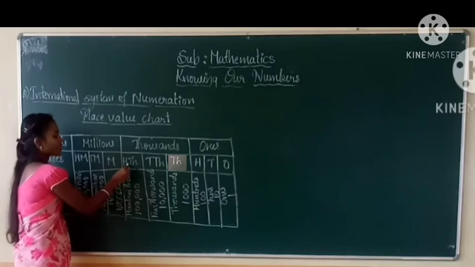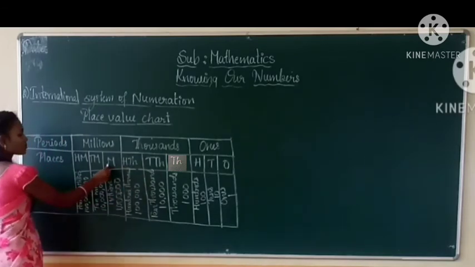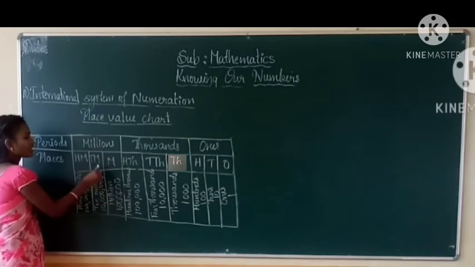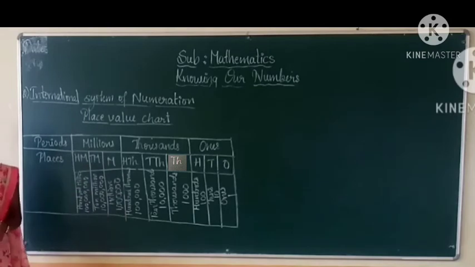The next place is millions place, then 10 millions place and 100 millions place.